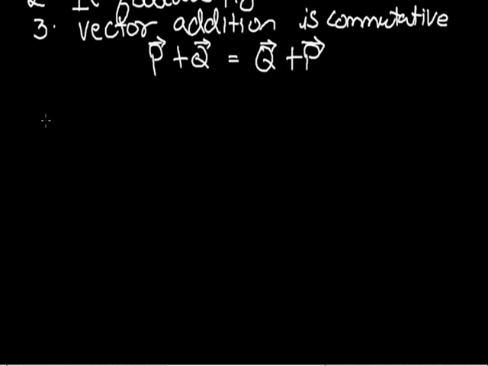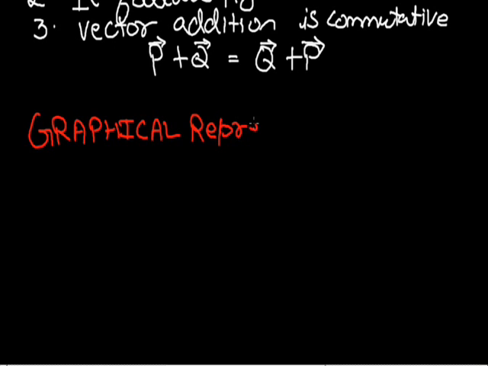Now the graphical representation of vector. How do we represent a vector in a graph? It is represented with a line with an arrowhead.